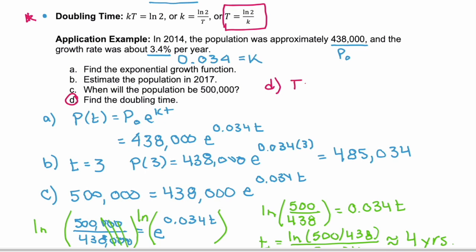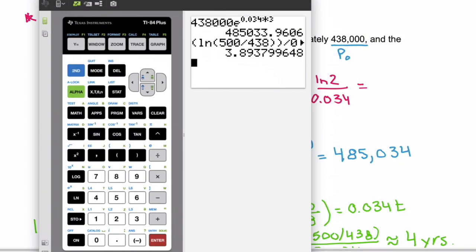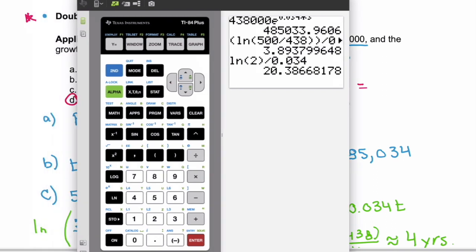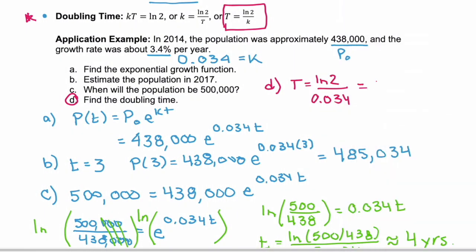That time is equal to the natural log of 2 divided by that rate of change constant we have, which is 0.034. We go back to our trusty calculator, and we're going to find the natural log of 2 divided by 0.034, and we get 20. So doubling time equals 20 years.